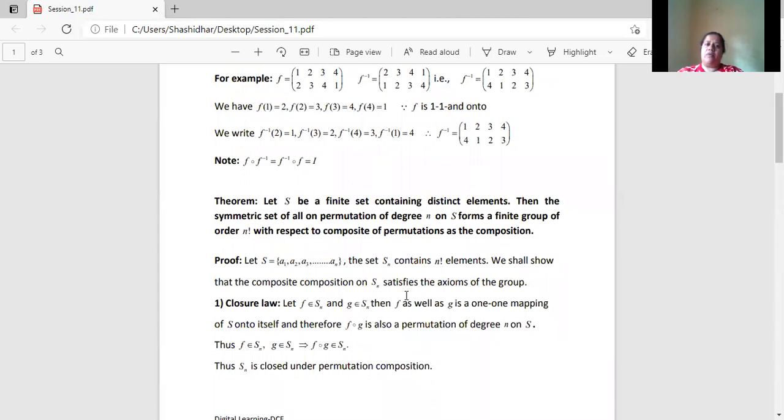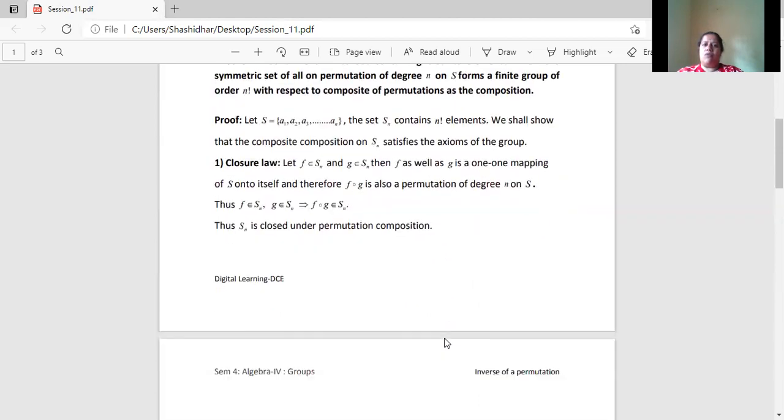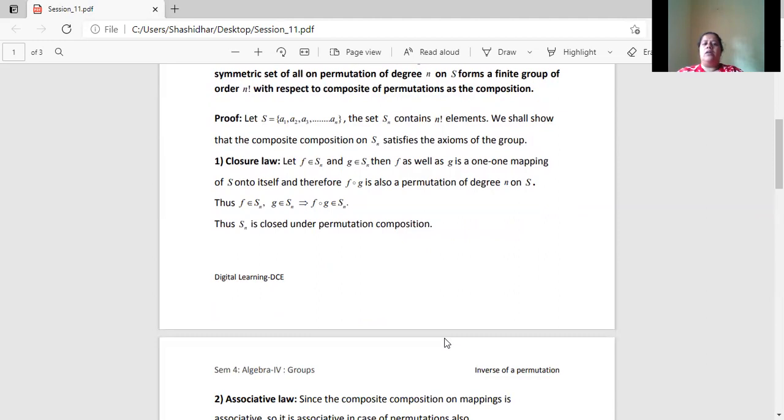The four conditions are closure law, associative law, existence of identity, and existence of inverse. If all the four conditions are satisfied with respect to permutation composition of Sn, then we can say that Sn also forms a group under composition of two permutations.